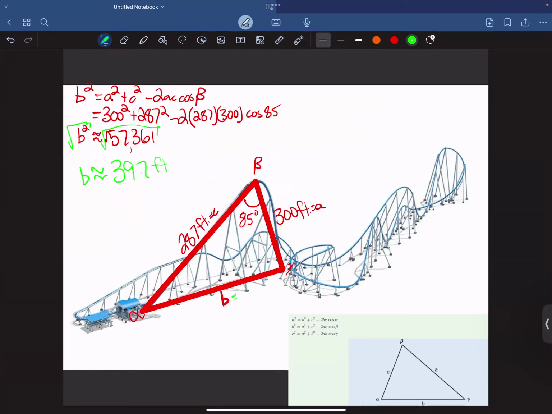So that means the length of the bottom of our triangle, this first incline, this first hill, this big drop, is 397 feet if you were to walk from base point all the way across to the bottom of that drop. And that is how you use law of cosines for roller coasters.